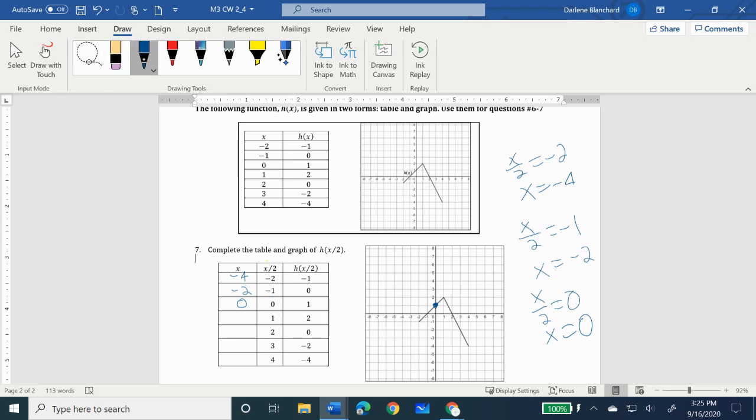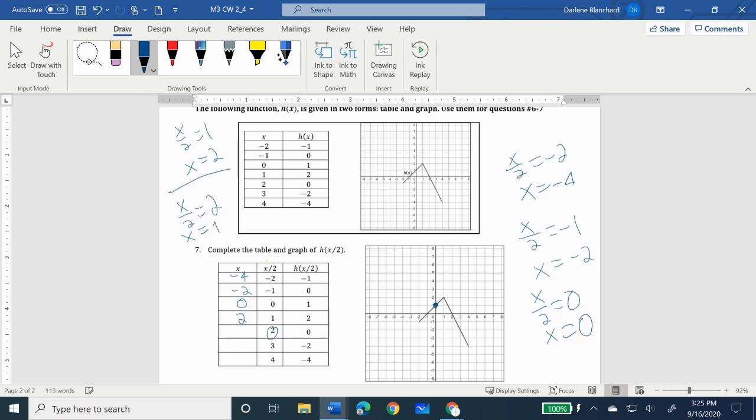All right, now, if x over 2 is equal to 1, what does x need to be? Multiply both sides by 2. If x divided by 2 is equal to 2, what does x have to be?